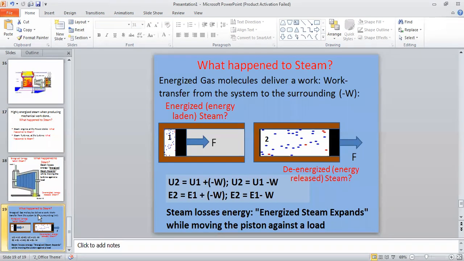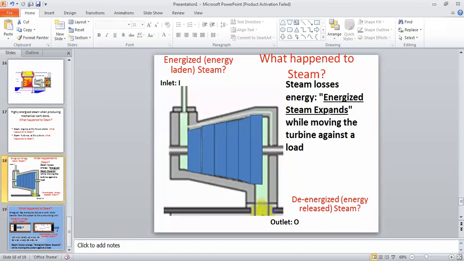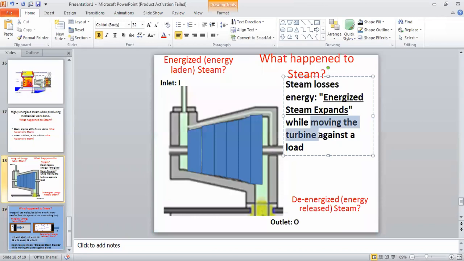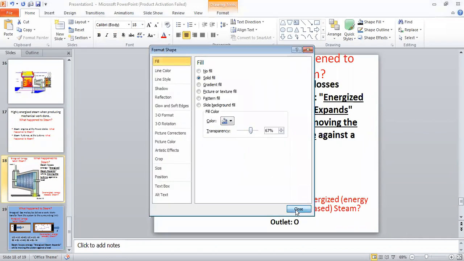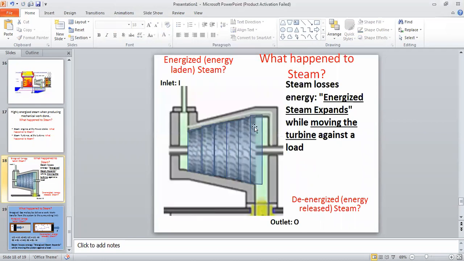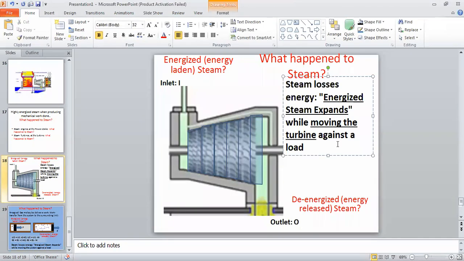So two things. It expands while moving the turbine, the mechanical component. So that's the point. See, it expands while moving or driving.